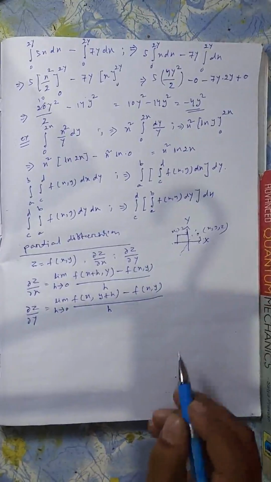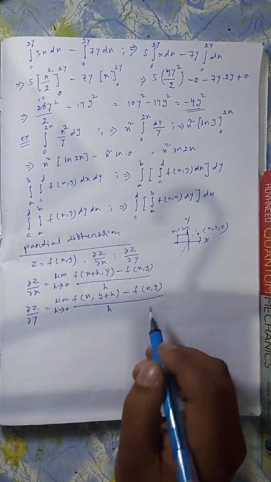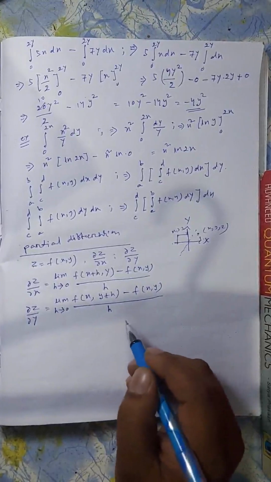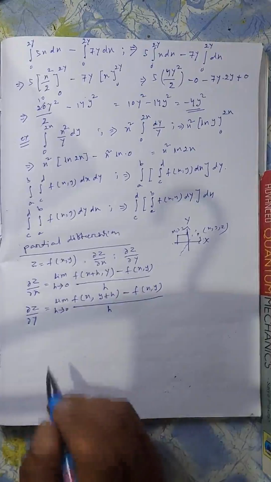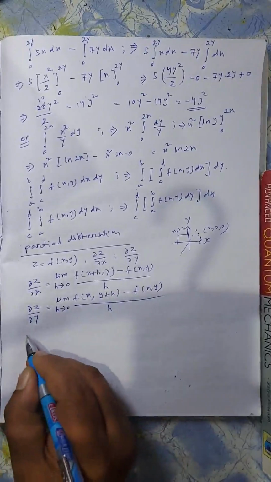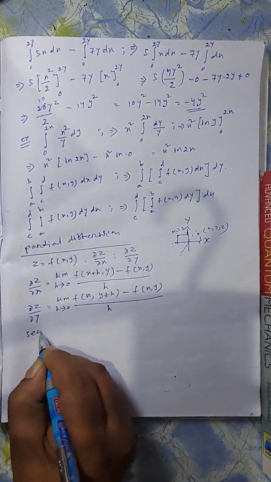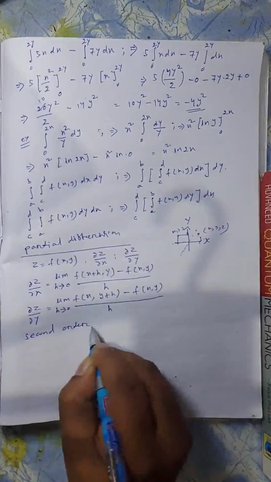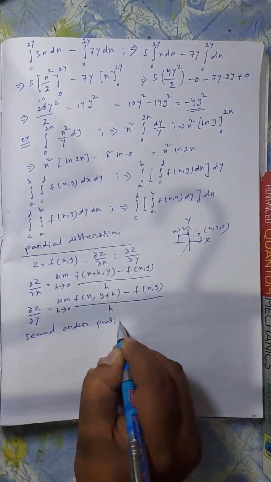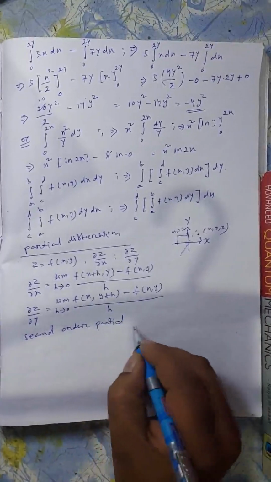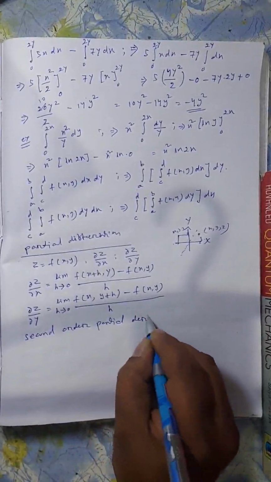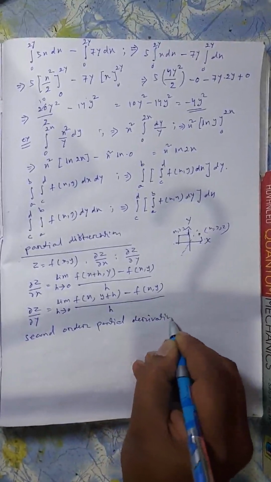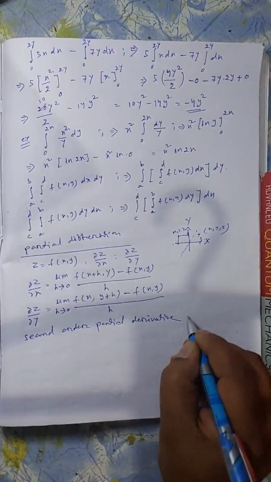So x, y, z axis is the point, and we get the tangent of this slope. If we take the second order partial derivative, how do we signify this one?